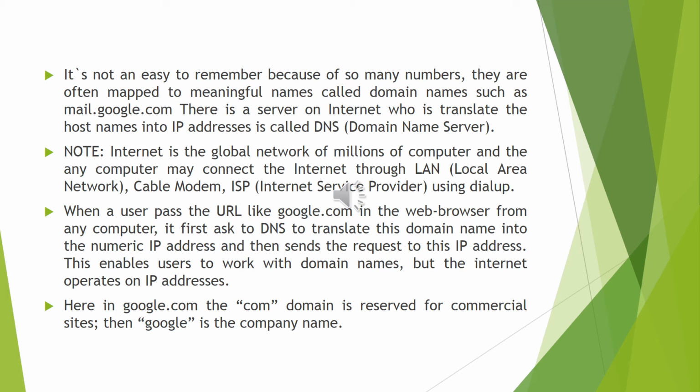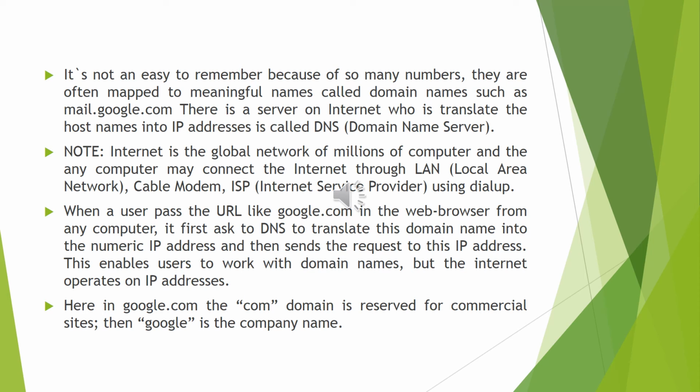When a user passes a URL like google.com in the web browser from any computer, it first asks DNS to translate this domain name into the numerical IP address and then sends the request to this IP address.